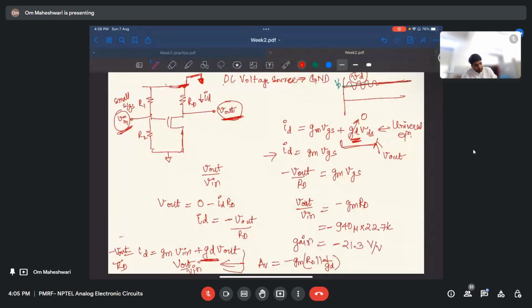If GD is not zero and has some high value, let's say 10k ohm or something like that, then this RD parallel 1 by GD will become small, right? So our gain will reduce. That is why we want GD to be zero or as low as possible.